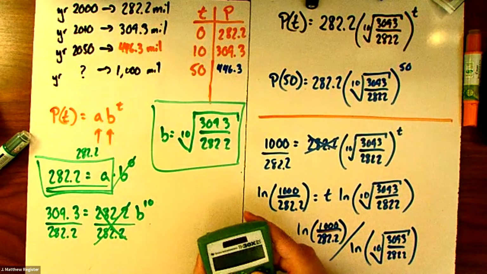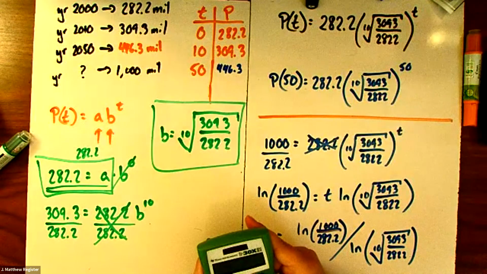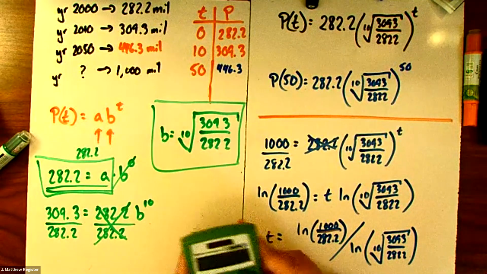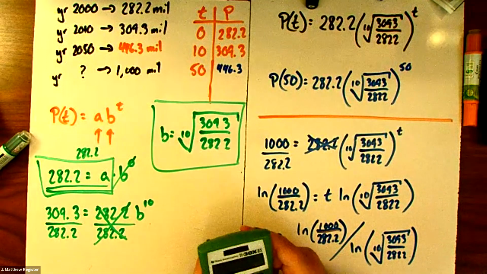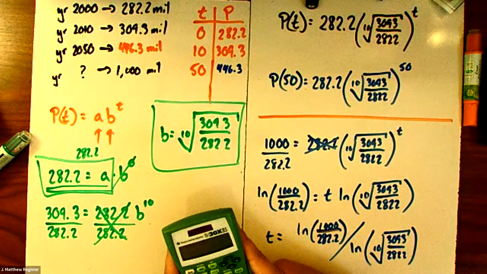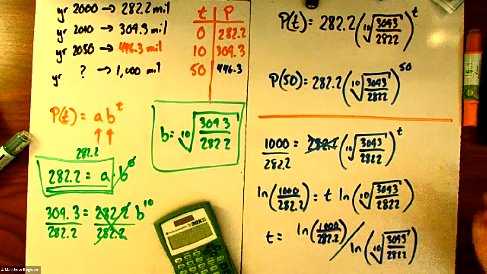Do a parenthesis to close that. And I think that might be all the parentheses I need. There we go. Oh, I feel like I need another one. Yeah, one more parenthesis. And I get 137.97.